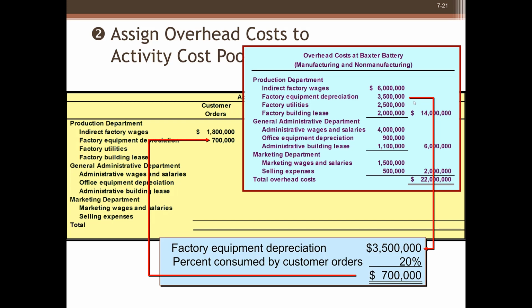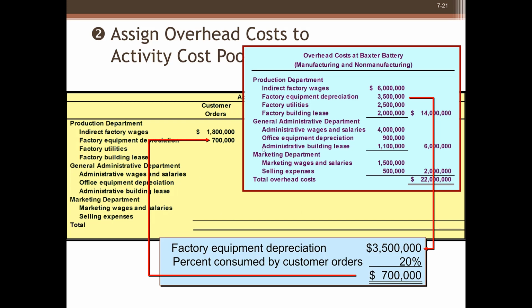The company has allocated 20% to customer orders. So we calculated 3.5 million times 20%, and the company will assign $700,000 from factory equipment depreciation cost to the customer orders cost pool.